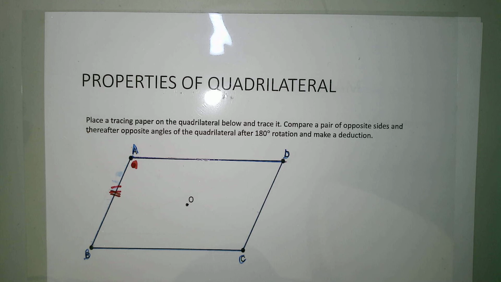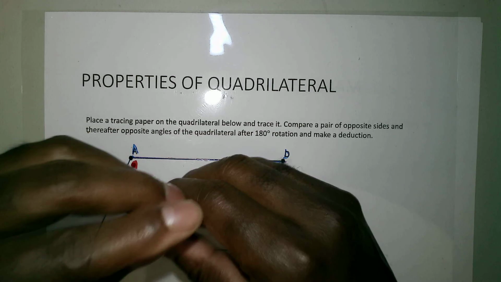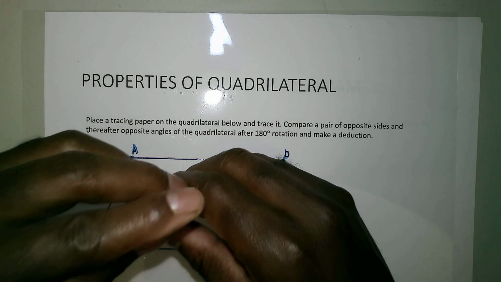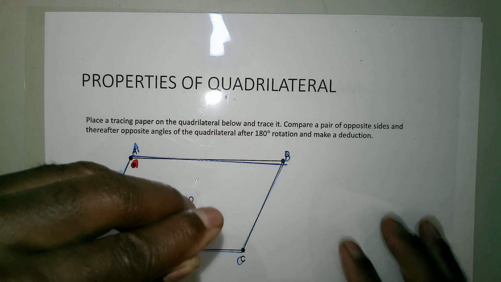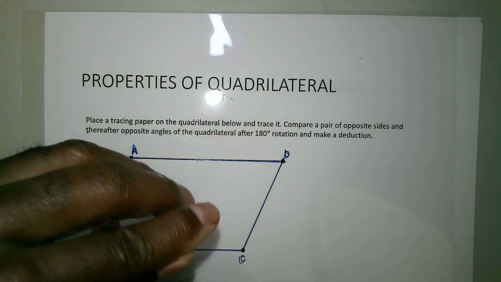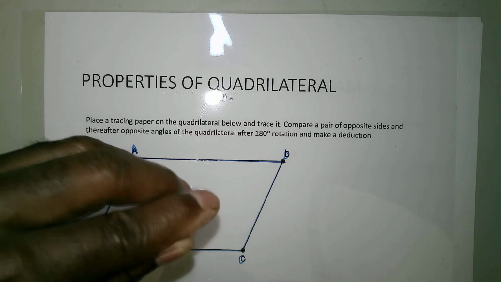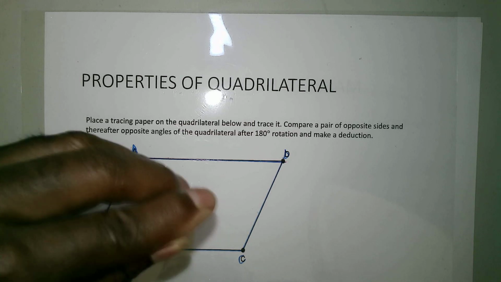So what we're going to do is place this pen at the center of both. Look at that red dot and that marking on AB.